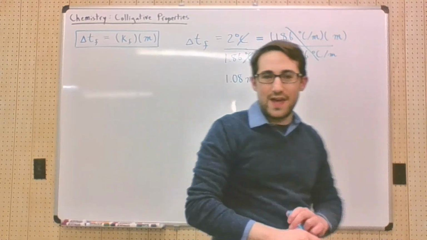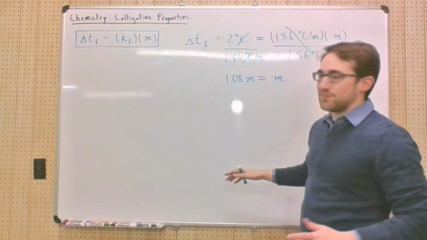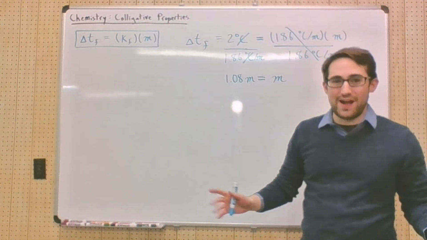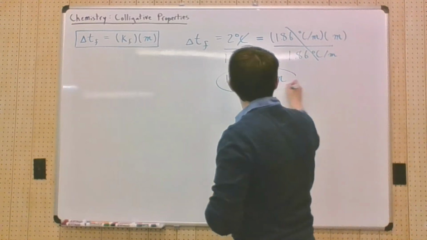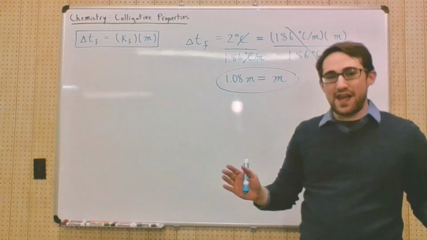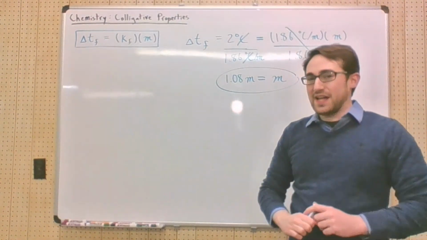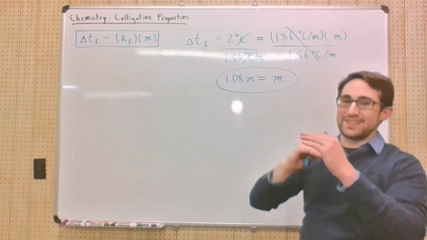About 1.08 moles per kilogram of water. It's about 1.08 molal concentration. So just remember, if we're not given the delta TF or the delta TB directly, that's just how much your boiling point is increasing by or how much your freezing point is decreasing by.